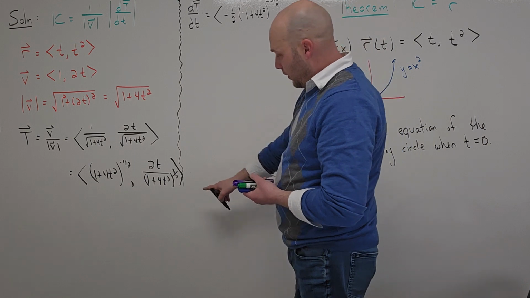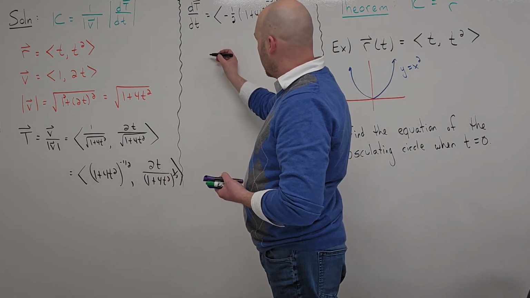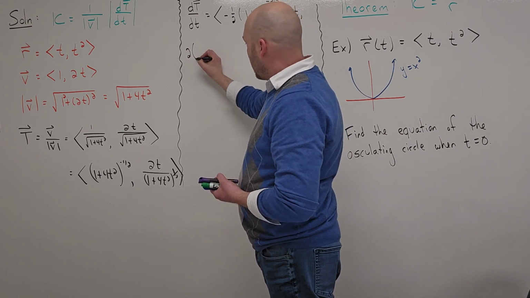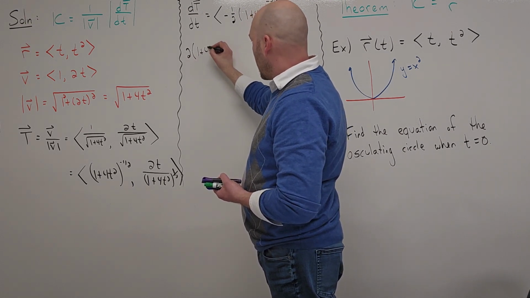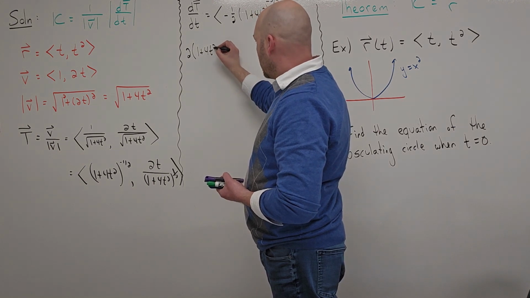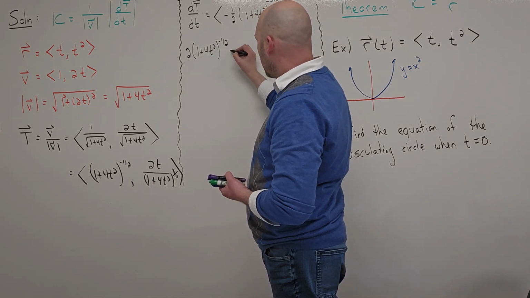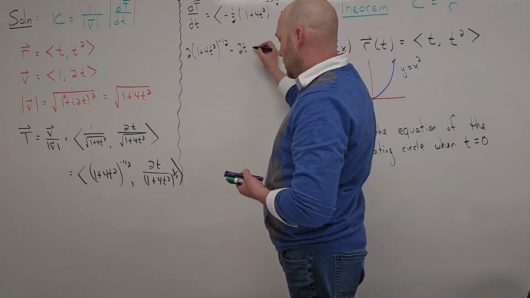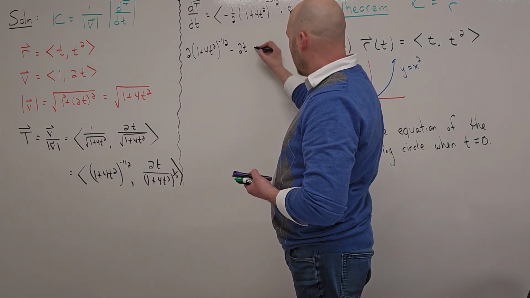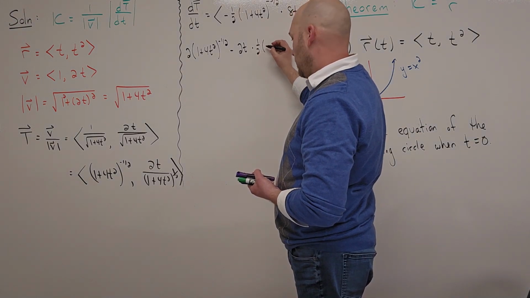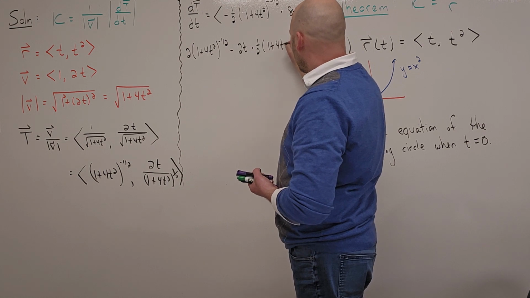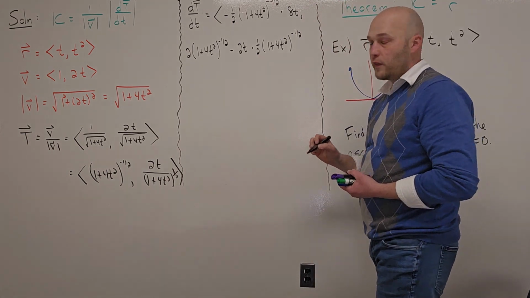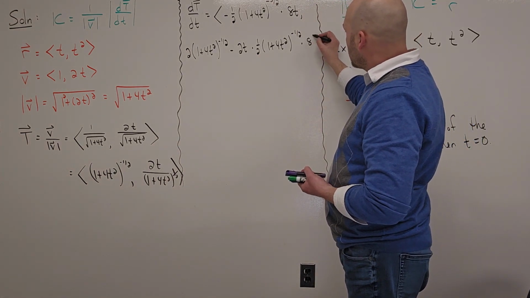The derivative of the top, which is 2, start over here so I give myself some space, 2, and then the denominator of 1 plus 4t squared to the negative 1/2, minus the numerator 2t times the derivative of the denominator, which would be times 1/2, 1 plus 4t squared to the negative 1/2, and then the chain rule times 8t.